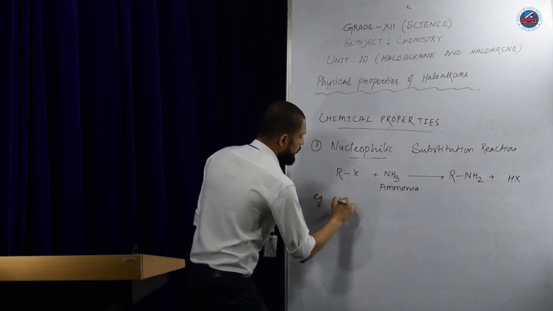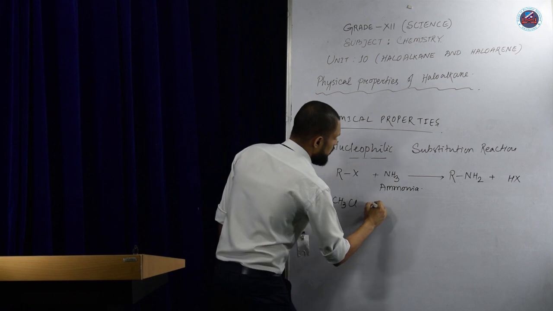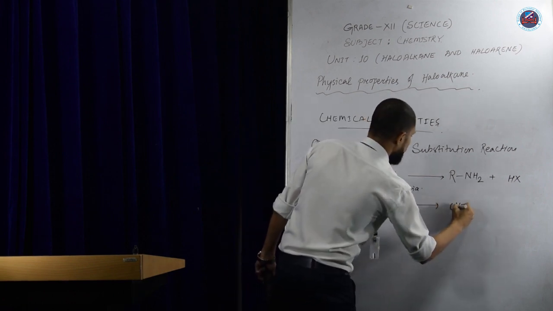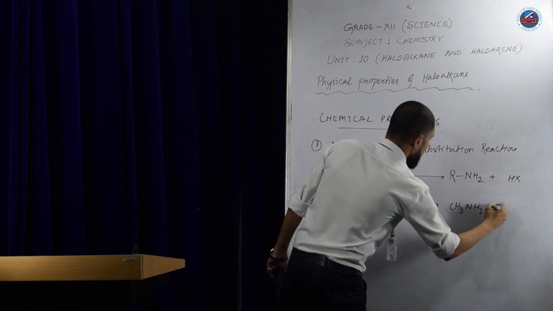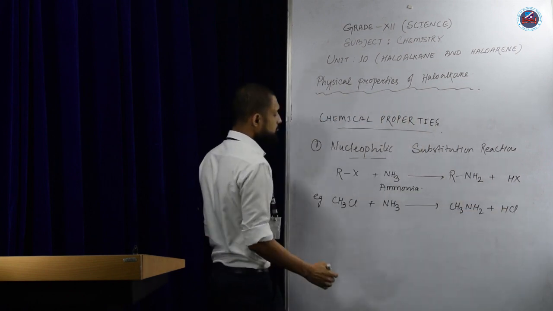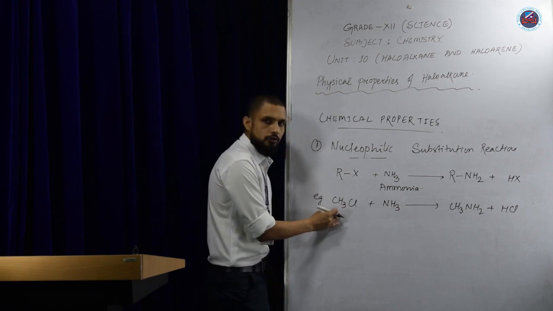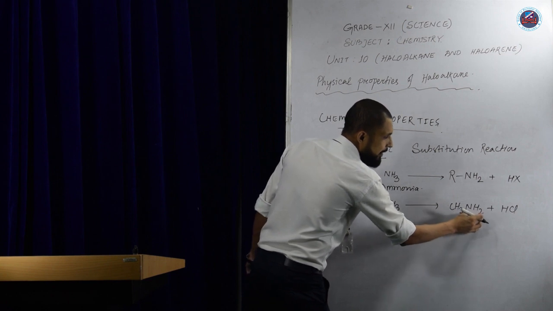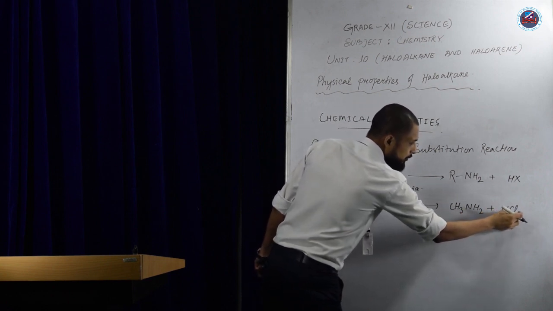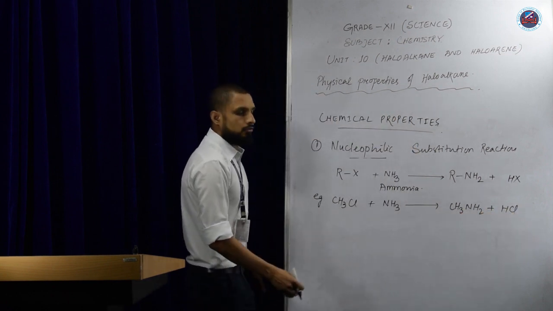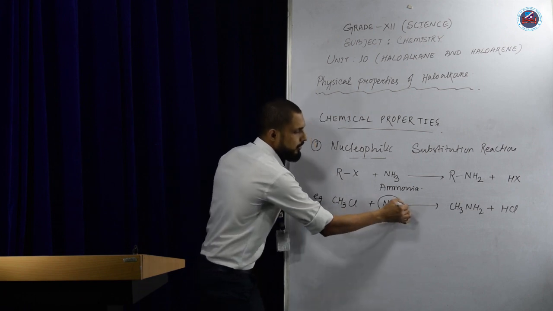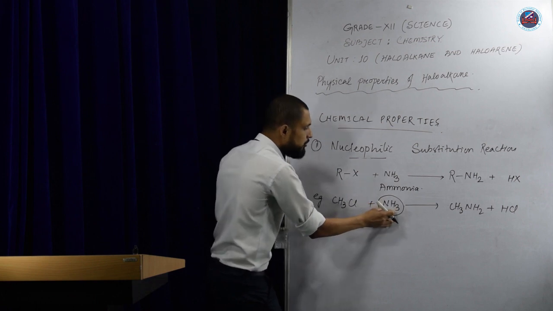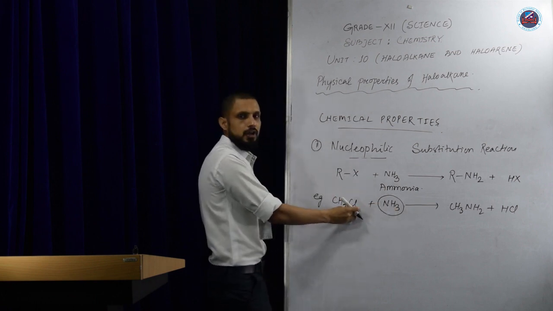Example, CH3Cl plus NH3 will give CH3NH2 plus HCl. Now when chloromethane reacts with ammonia, it will form methylamine and hydrogen chloride. So what is the nucleophile here? The nucleophile here is NH2. So NH2 will replace Cl.